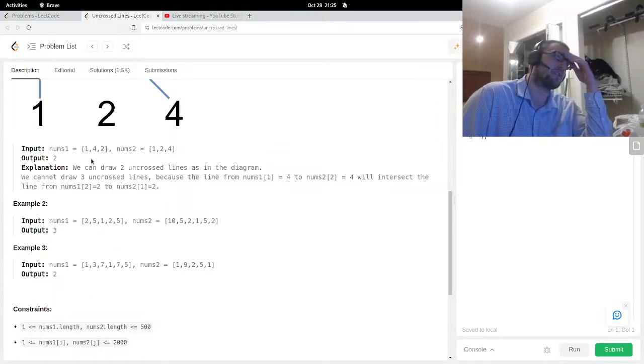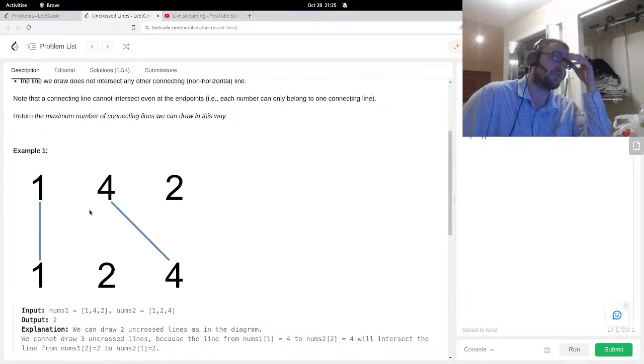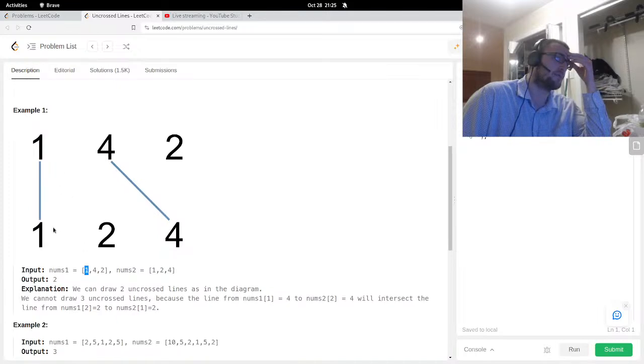So, okay, I mean, basically I think we just want to take the leftmost element each time. So for a given 1, we'd want to have 1 connected to 1, then 2 we would connect to 2, and then 4 we would connect to 4, but it crosses, so we wouldn't take that value. Something like that.